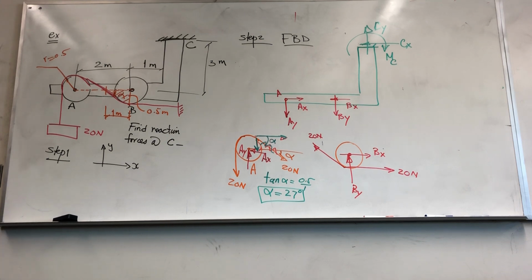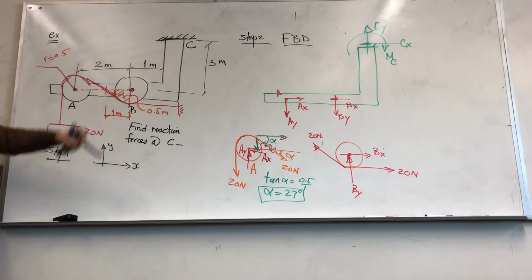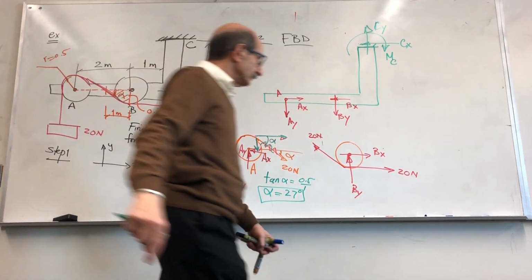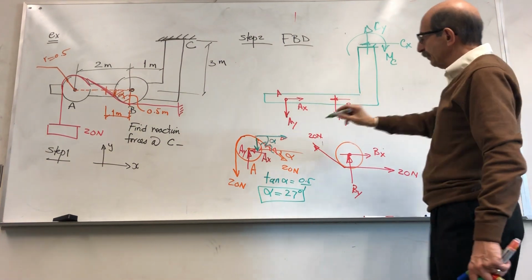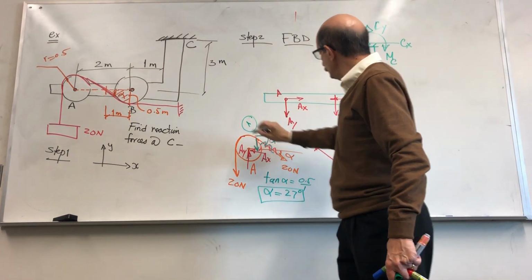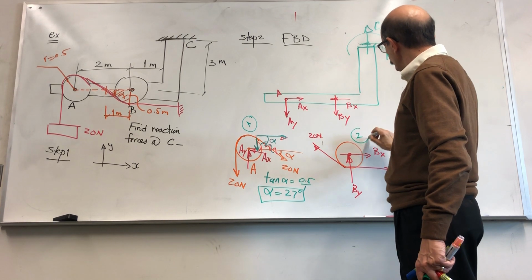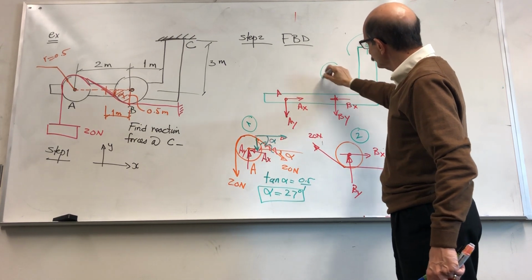That's okay. So can anybody double check while I'm going through this? If that's the angle, let me call this free body diagram 1, this is 2, and this is 3.